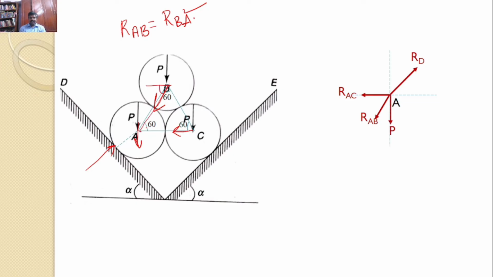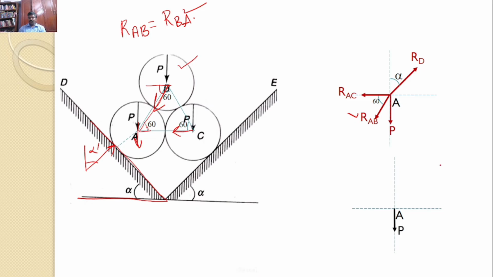So this line makes an angle 60 with the horizontal. So this is equal to 60. And also we can see R_D. So this reaction makes an angle alpha with the vertical, because this surface makes an angle alpha with the horizontal, hence its perpendicular makes the same angle alpha with the vertical. So this is 60 and this is alpha. And you know the value of R_AB also, that we calculated from the free body diagram of the roller A.